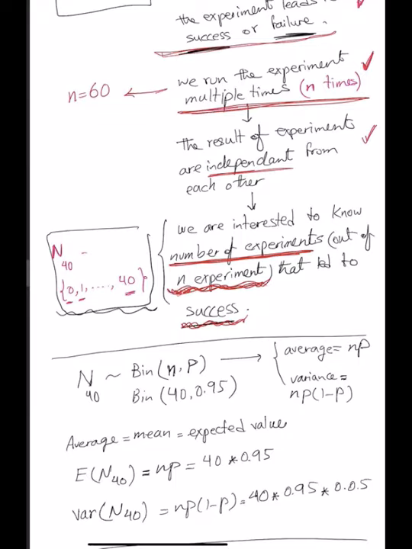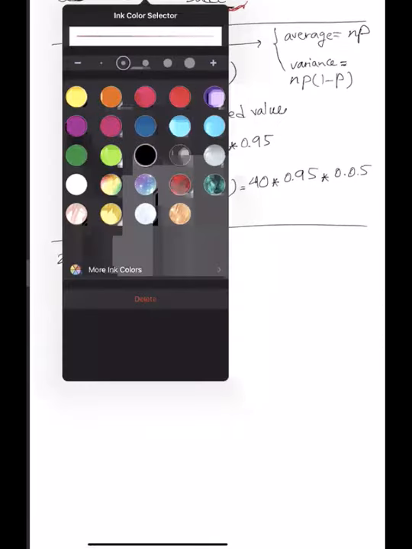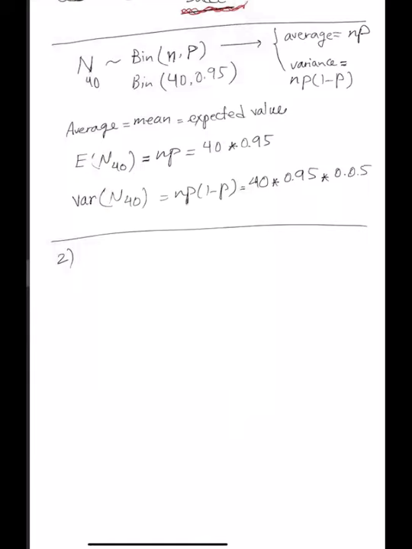So I am looking at the binomial random variable, which I show as capital N, like the notation in the video, N60. This random variable has a binomial distribution.